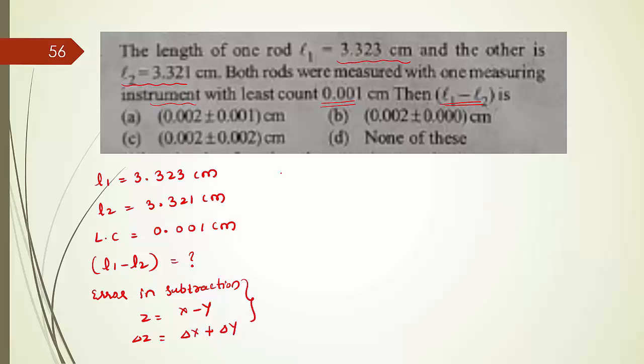Here I am going to write L1 minus L2. L1 minus L2 is equal to 3.323 plus or minus, least count is how much? 0.001 centimeter, minus L2 value 3.321 plus or minus 0.001 centimeter, because least count of the instrument is given.